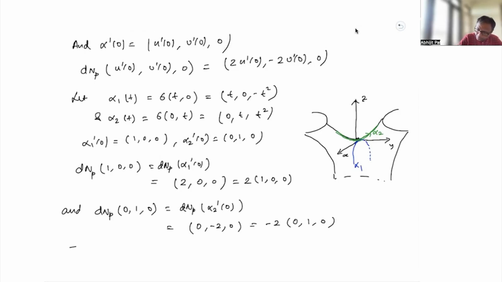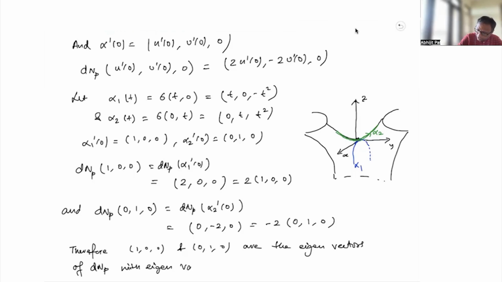Okay. So therefore, (1, 0, 0) and (0, 1, 0) are the eigenvectors of dNp with eigenvalues 2 and minus 2 respectively.